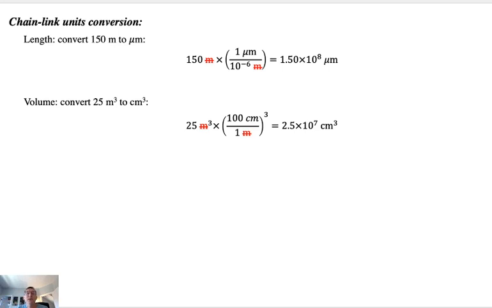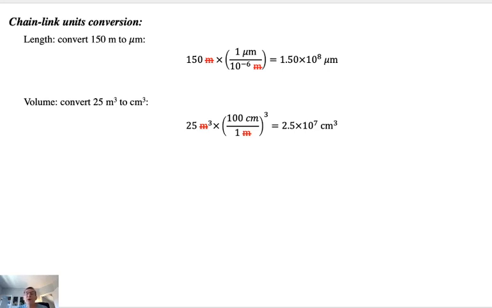Here's a more challenging one that people can find tricky. A volume. Right? Suppose I have a box with a certain volume, and specifically its interior volume is 25 meters cubed. And I want to know what that volume is in centimeters cubed. How do I do the conversion?